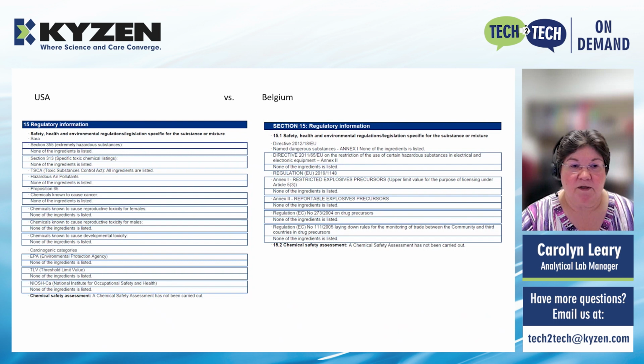There are several more lists that are addressed in a US safety data sheet versus, say, one for Belgium. We have a subsidiary there, and its Section 15 has regulatory information relative to some UN and EU directives, and that information is provided here, and none of our ingredients in our material are on these lists.